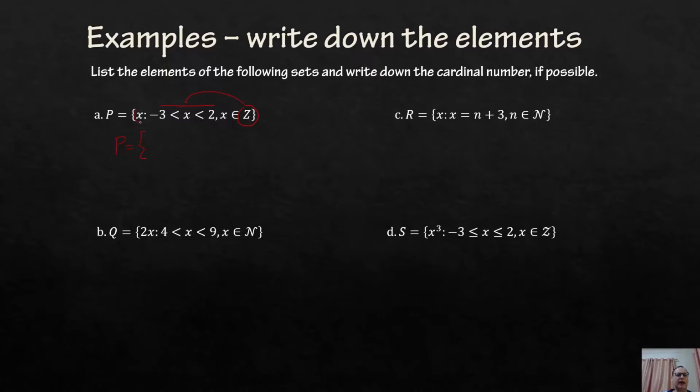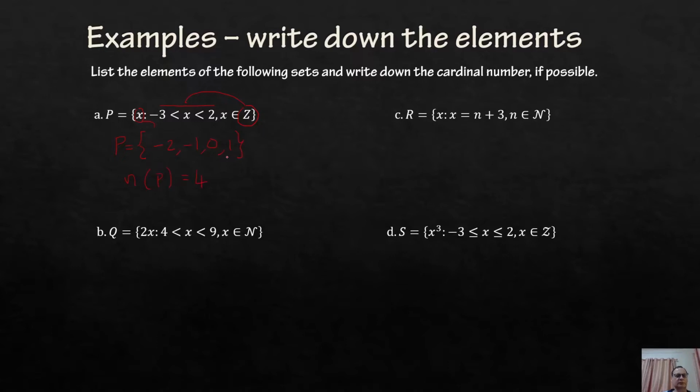And we write down those values of X here. So the first element would be minus 2, minus 1, 0, and 1. Only the integers. So the cardinal number would be 4.